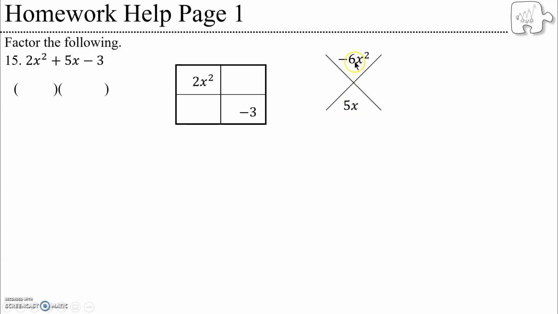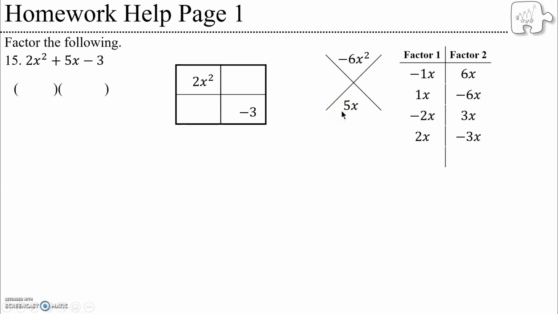Now we have to think about all the numbers that multiply to negative 6x squared and add to 5x. We could have negative 1x and 6x, 1x and negative 6x, negative 2x and 3x, or 2x and negative 3x, because the only numbers that multiply to 6 are 1 and 6, and 2 and 3.